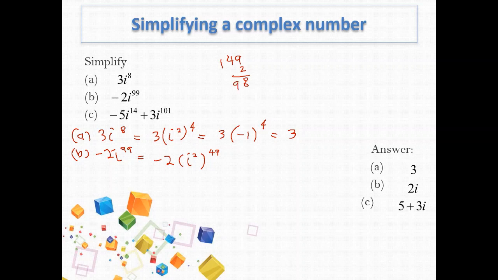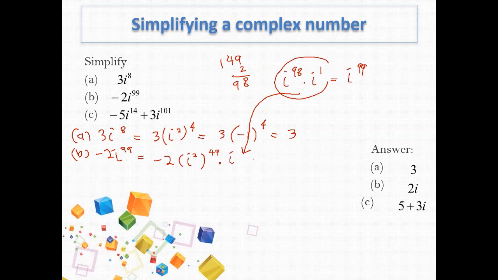We have one more i remaining, so that gives us i to the power of 98 times i to the power of 1. This gives us i to the power of 99. Okay, so bring this here.